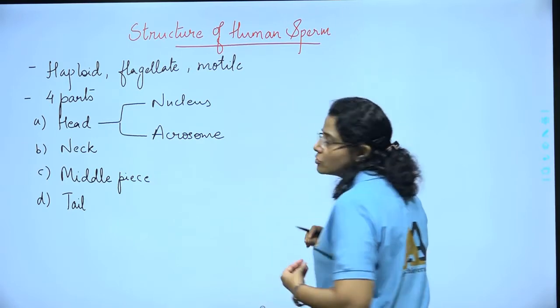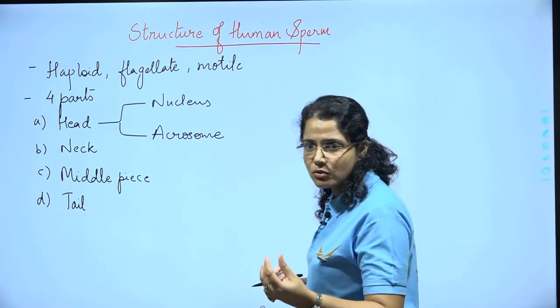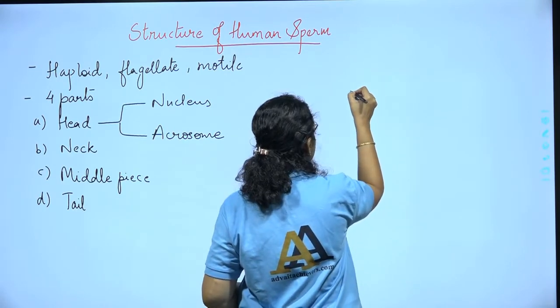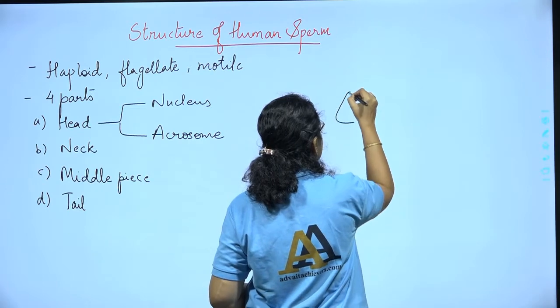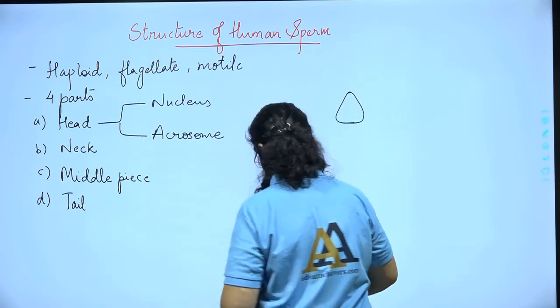We said that the nucleus is getting condensed, it becomes pointed, oval and flat. And when we say the condensed nucleus, we need to remember what that condensed nucleus has.